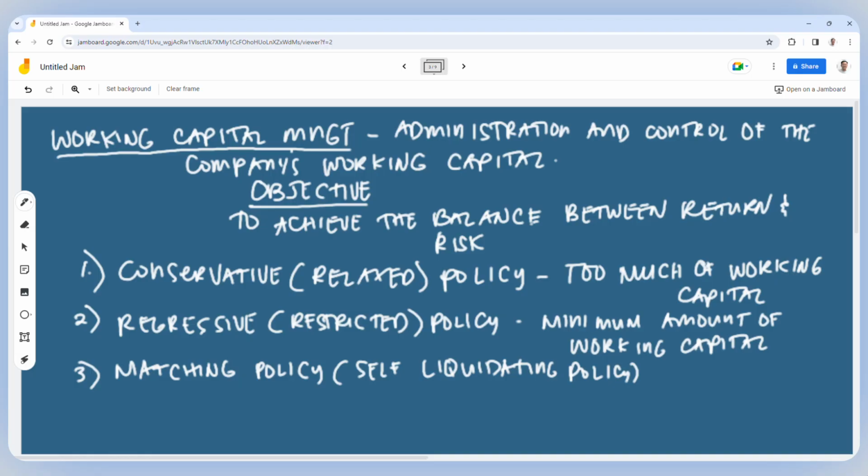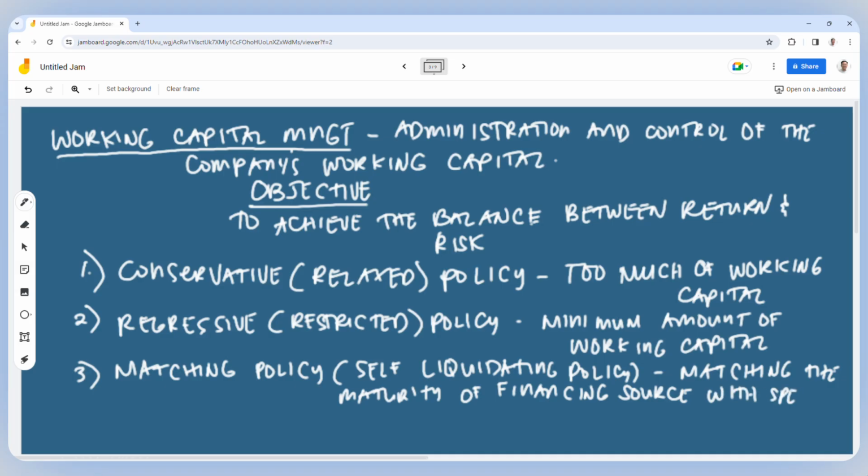From the word itself, matching, you will match the maturity of financing source with the specific needs.